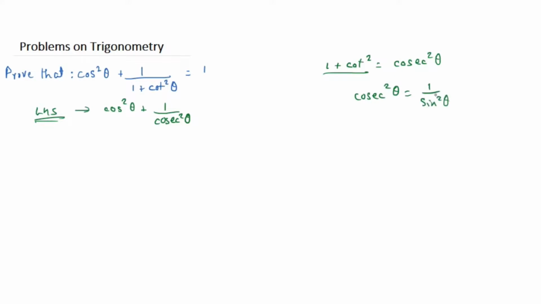Or we can say that sine square theta will be equal to 1 over cosec square theta. So 1 over cosec square theta is going to become sine square theta. So that gives me cos square theta plus sine square theta. And then we have a square identity for that also, that cos square theta plus sine square theta is going to be 1. And RHS also we know that it is equal to 1. And we can say hence proved.